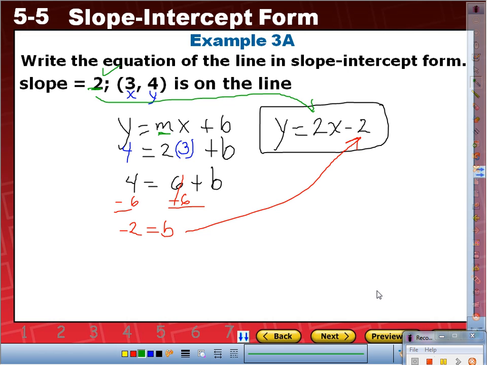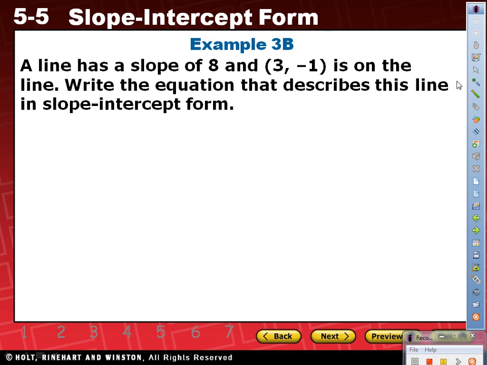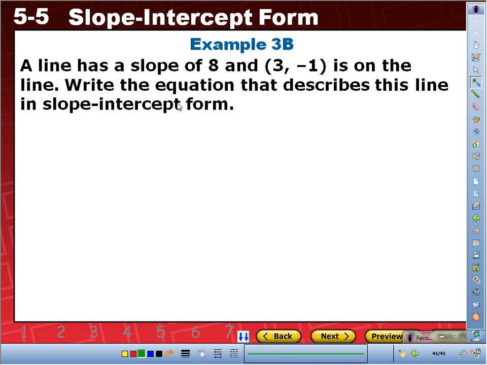Everybody ready? 20 seconds. Okay, copy this next one. Example 3b. Slope is 8, and the point they give us is 3, negative 1. Let's do this one together. Okay, what is the very first thing I do?